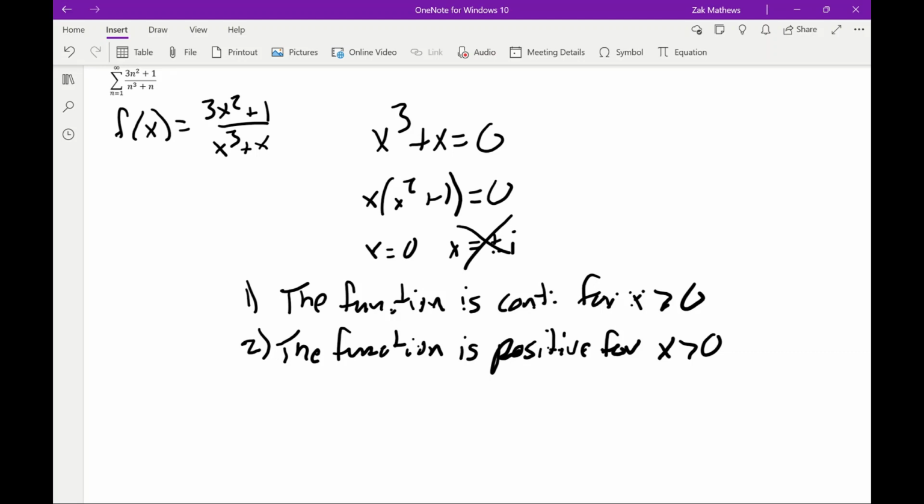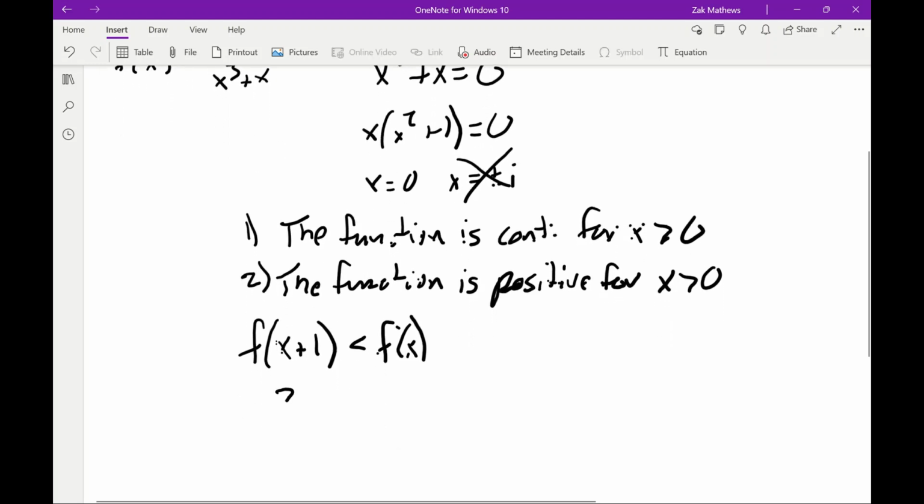So the third condition we need to show is that the function is decreasing, and this is usually the most work, takes the most time. There's two ways to do this. We can show that the values are progressively getting smaller. So we could show that f of x plus 1 is in fact less than f of x, which we could do by replacing all the x's in the function with an x plus 1. That's really, really hard to see in this example.